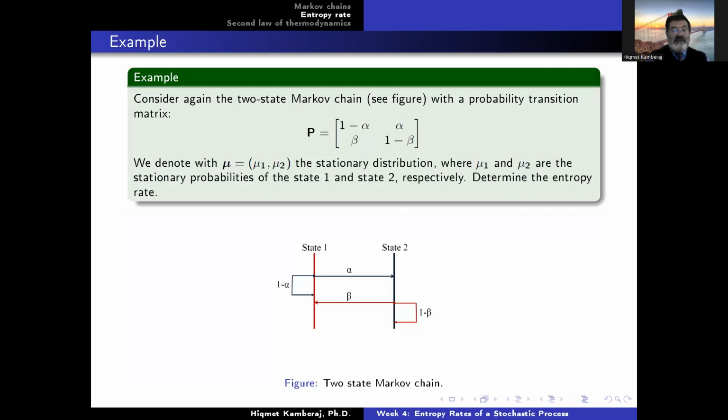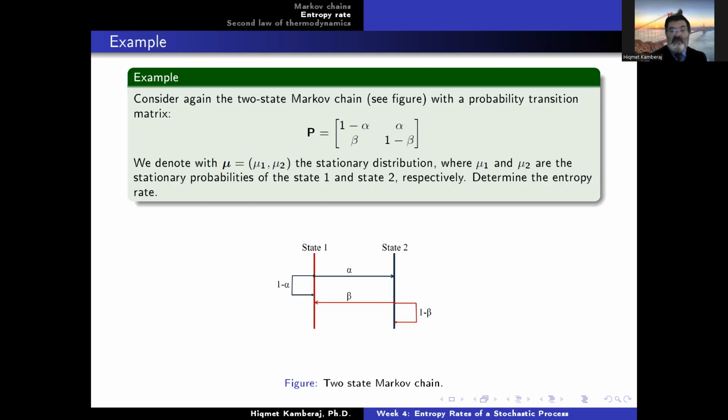Now consider again the exercise that we showed before of the two-state Markov chain with a probability transition matrix P: 1 minus alpha, alpha, beta, 1 minus beta. Alpha is the transition from state 1 to state 2, beta the transition from state 2 to state 1, 1 minus alpha the transition from state 1 to state 1, and 1 minus beta the transition from state 2 to state 2.